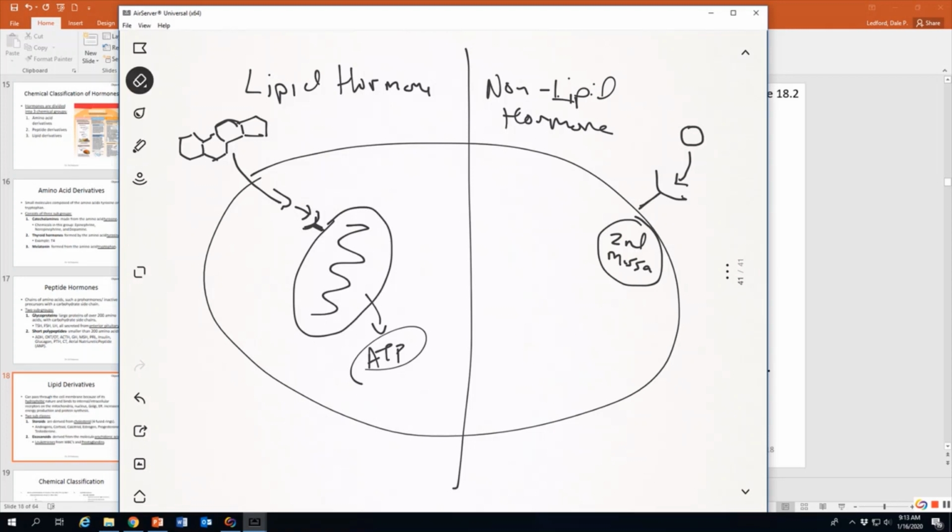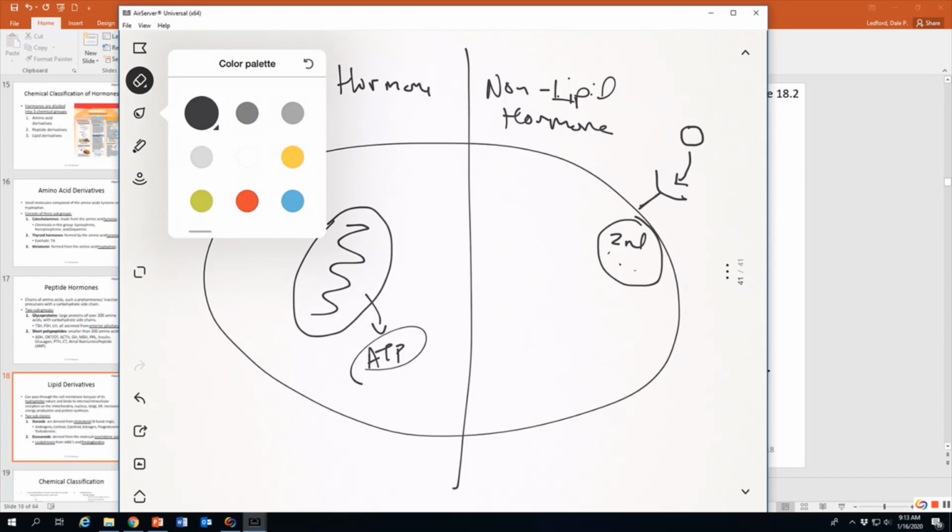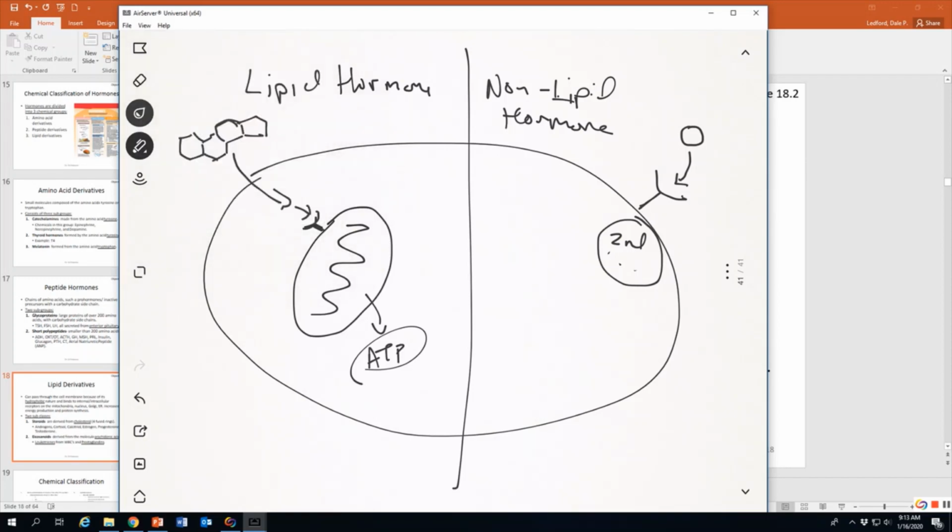I'm just going to say second M, because I don't think I can write second messenger in there. Usually I'm writing on the board, so second M, second messenger. And that will cause changes. Okay? Now this is incredibly important and you must know this, okay? This is a big deal.